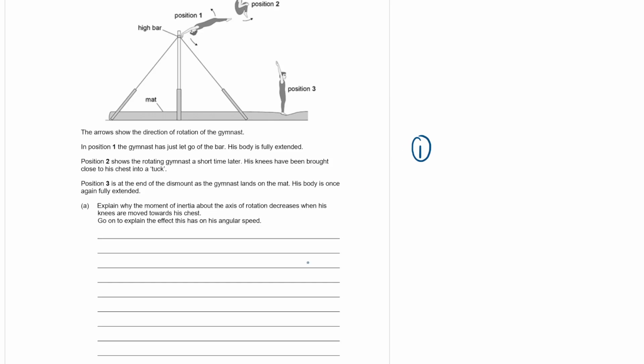So first, mass is now closer to the axis of rotation.